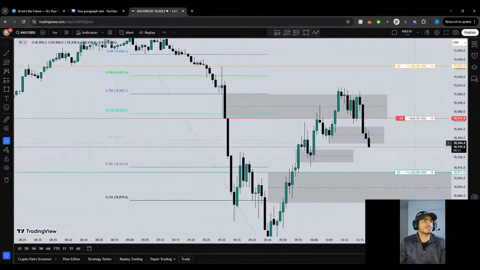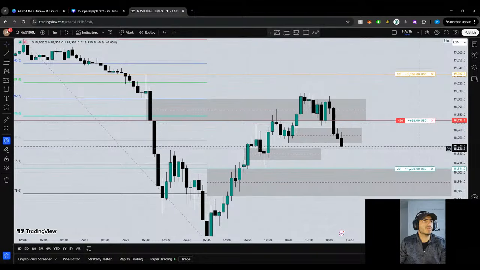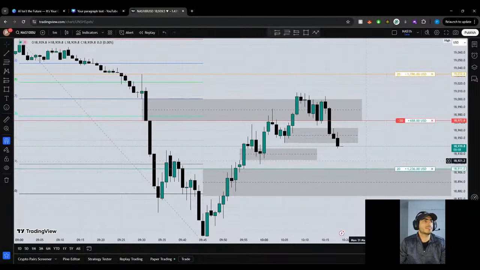Okay, we didn't manage to get above it, but now I want this candle to close below this. And come on, close below, below, below. Good stuff. Now I'm much more comfortable in my trade, I feel.